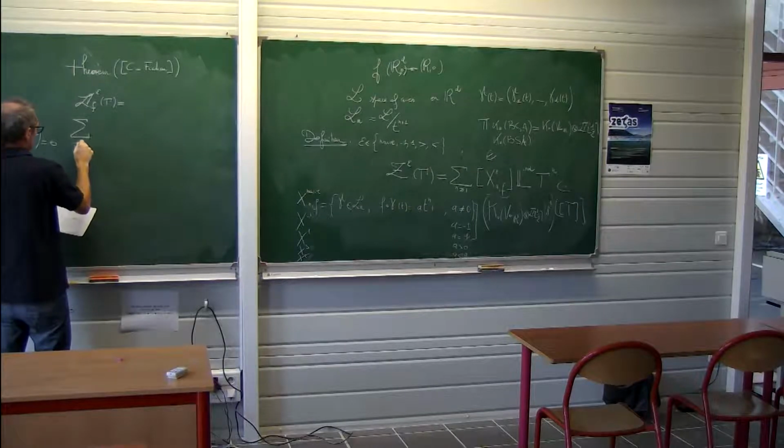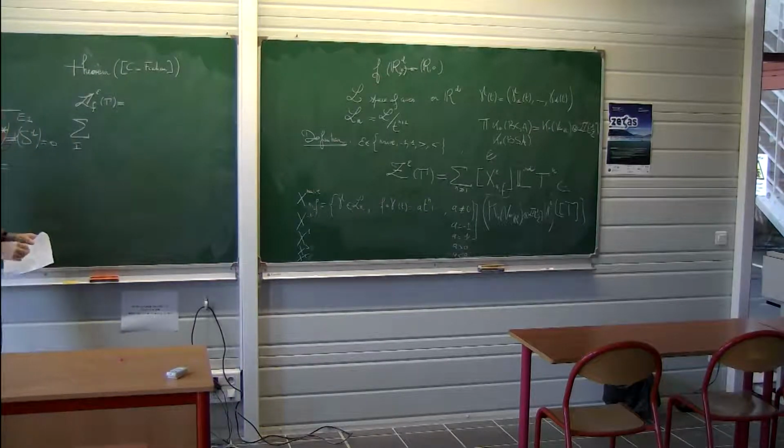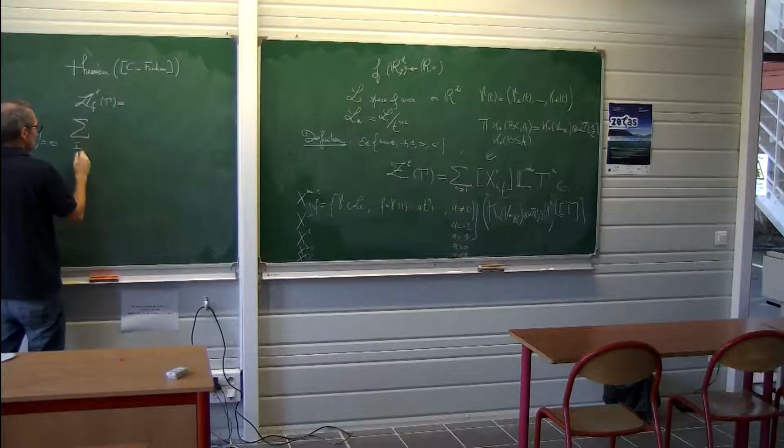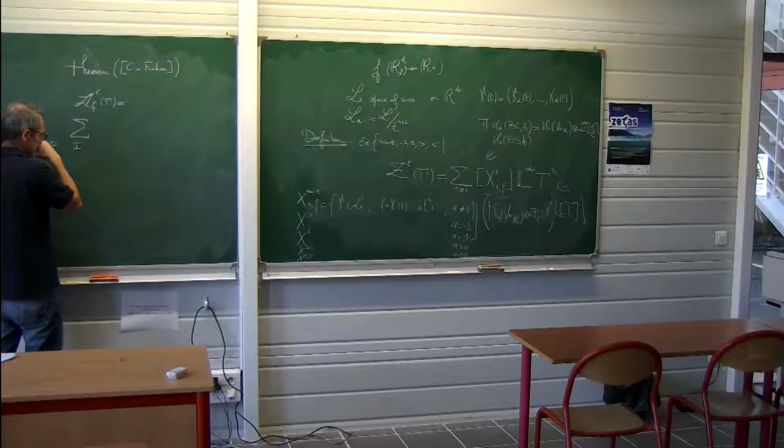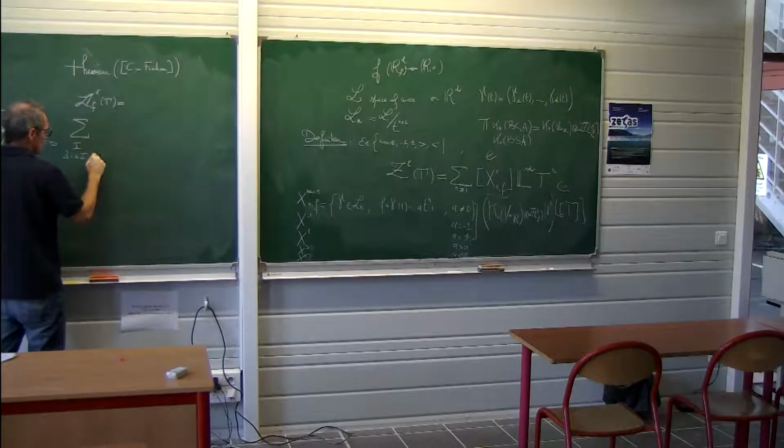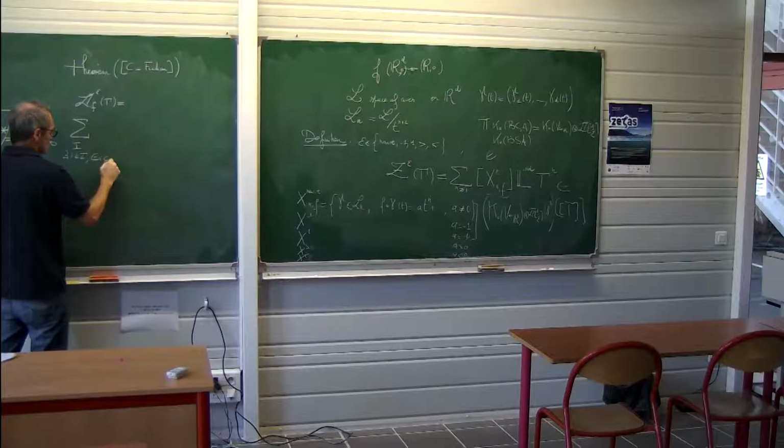I take the sum over all subsets of indices such that there exists a small I, such that EI is included in.